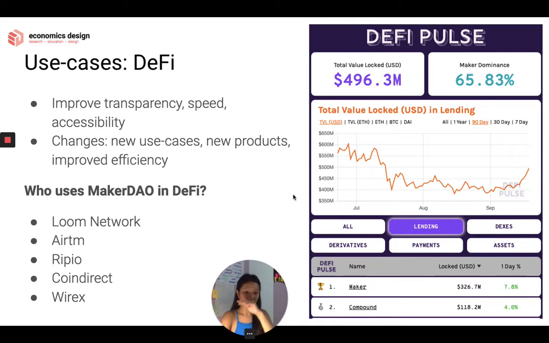So looking at using MakerDAO in more use cases, Maker is like one of the layers of the cake. You have the internet layer in the cake. The second layer is the blockchain. The third layer is Ethereum. The fourth layer is Maker. The fifth layer is the other DeFi dApps.